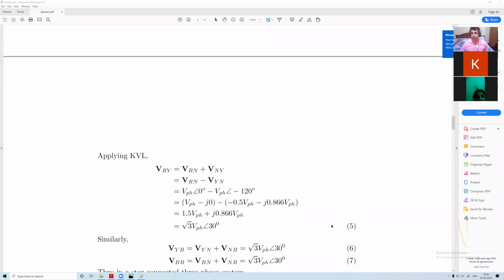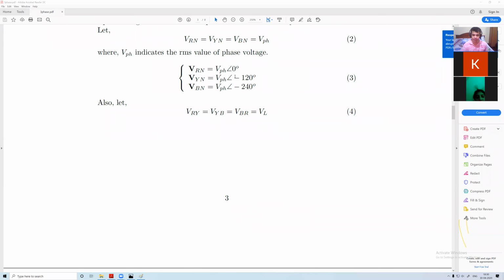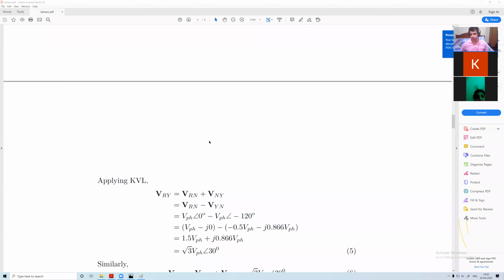VNY is equal and opposite to VYN. Now, what is VRN? From equation 3, we find it is V phase 0 degree and VYN is V phase minus 120 degree. So we put it here. Okay. Up to this is fine.